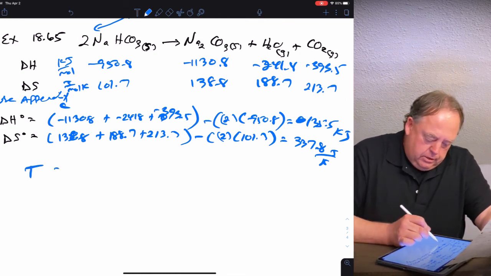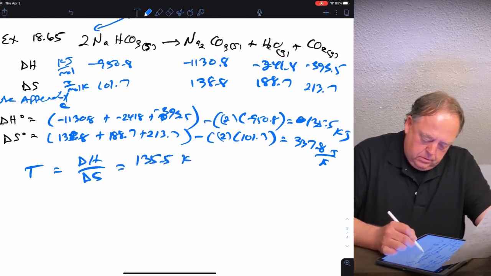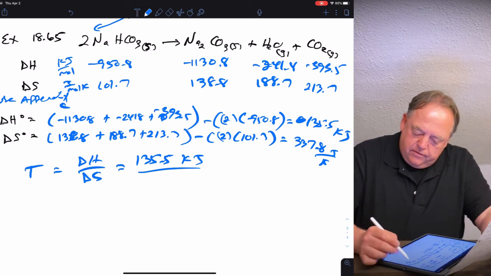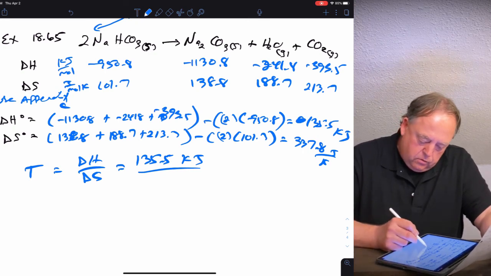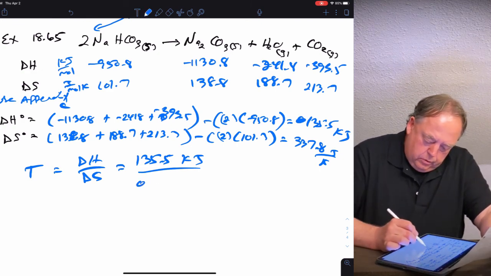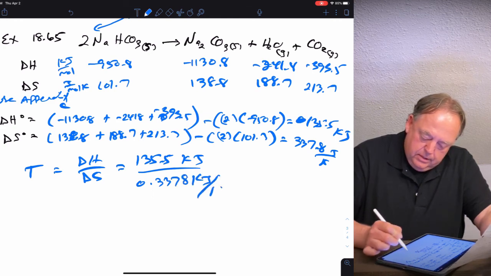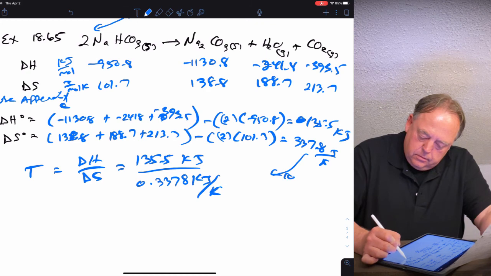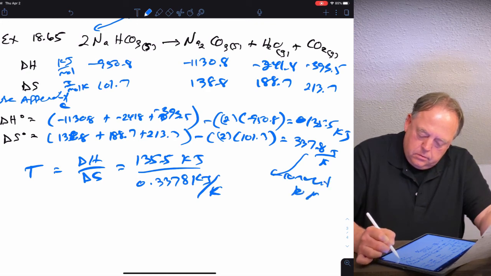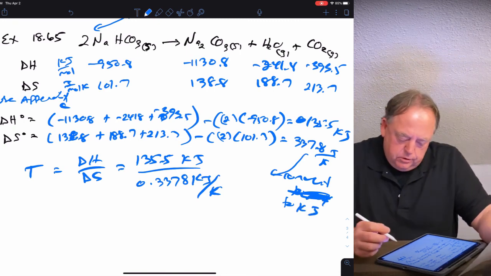So temperature then equals delta H over delta S. So 135.5 kilojoules over 0.3378 kilojoules per Kelvin. So we need to convert to kilojoules.